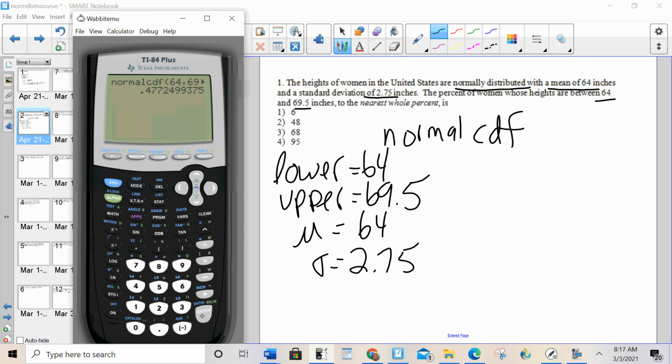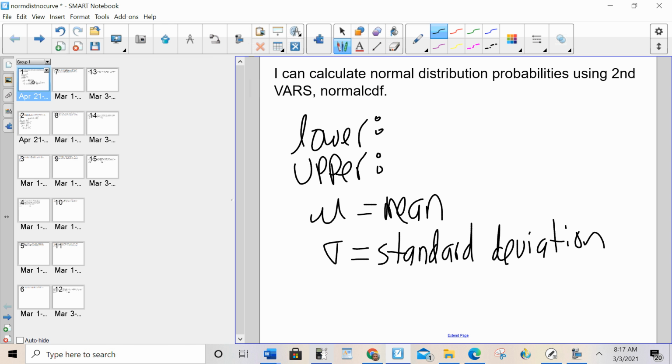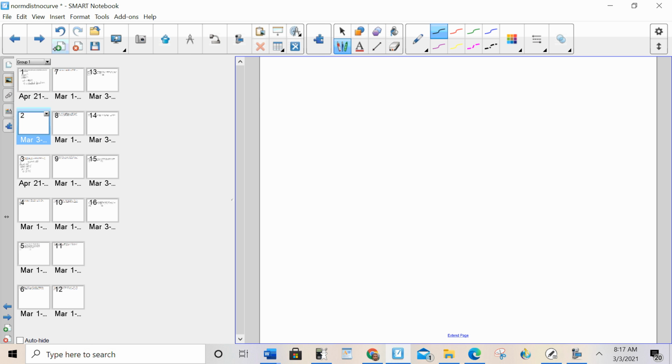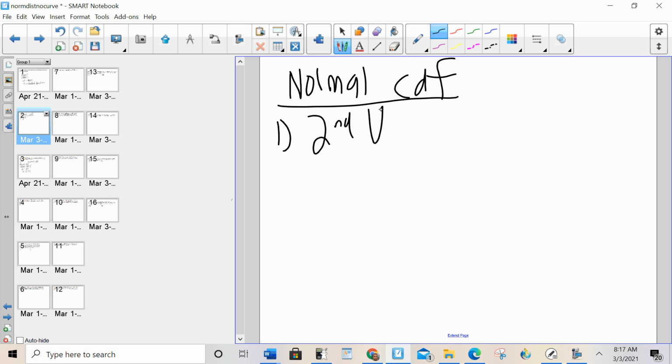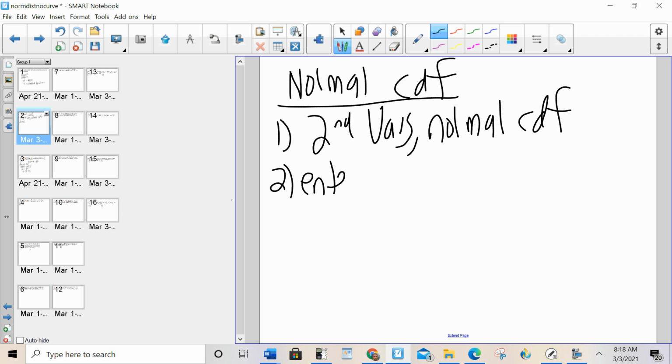Now, it's going to always give you a decimal. So for your normal CDF procedure, we hit second VARS, normal CDF. We enter the information, and get a decimal.